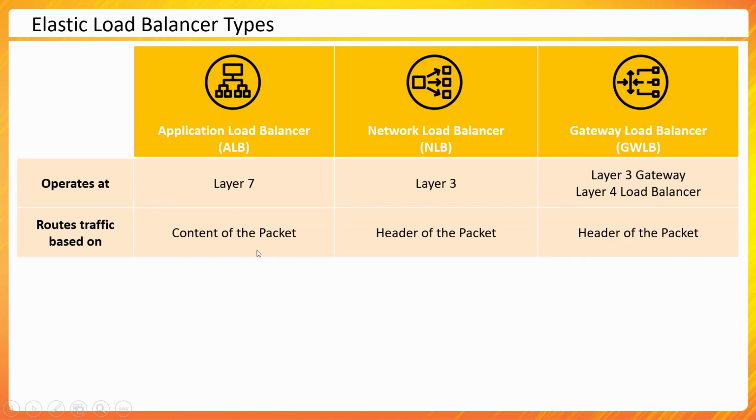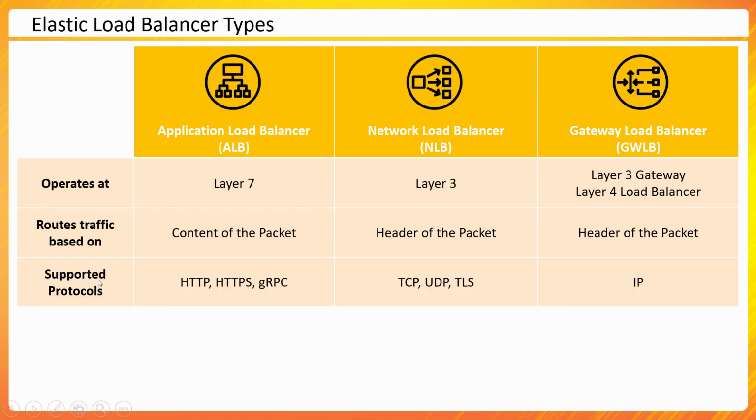Decision to route traffic is content of the packet. Here again, header of the packet for network load balancer. Hopefully you remember the example I gave you for king and secretary. And here it is header of the packet, or basically everything is forwarded because we are just forwarding all the requests coming up. So that is still reading the header of the packet.